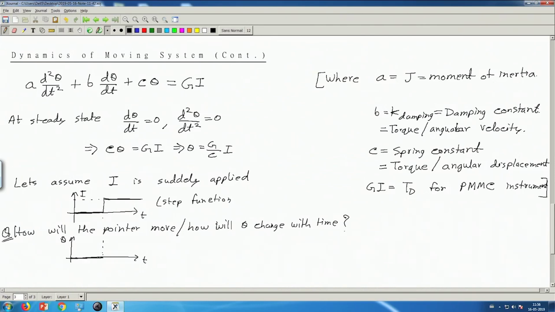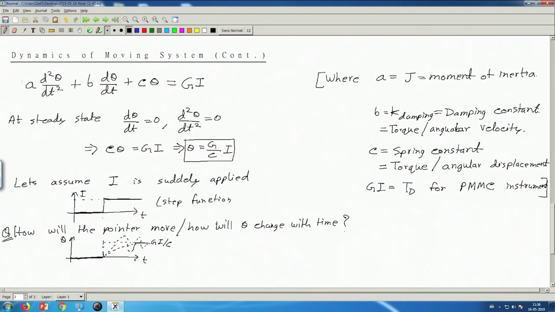So, it should be 0 up to this point of time, and then it will finally reach some value here which is given by this. So, this is theta final. Okay. So, this will be g I by c, but will it reach there at once like this, or will it reach there like this, or will it reach there after some oscillation? So, this is the question that we want to find out.